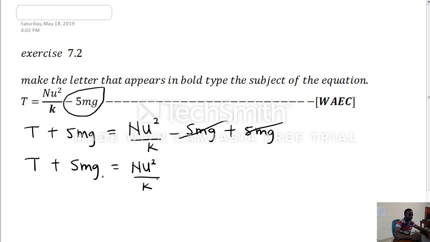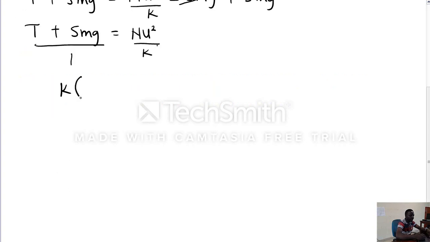So I'm to make k the subject of the formula, but k is at the denominator. I'm going to bring it to the numerator by cross multiplying. So this is going to give us k into bracket t plus 5 mg is equal to n u squared. So therefore, in order for me to make k the subject of the formula, I'll divide both sides by bracket t plus 5 mg. Why? Because I want k to stand alone.